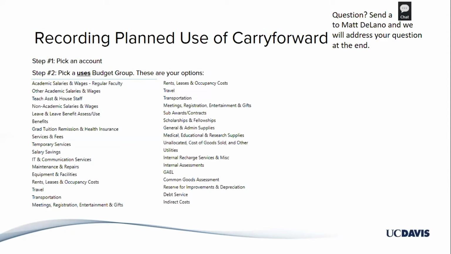Oftentimes, you don't need to record every tiny little thing in your commitments section and call it out, but it's especially used for the bigger things, like you're planning to buy equipment, or you have some initiative where you're using a lot of temp employees all at once to accomplish a specific goal, or it's just something big usually that you want to use your carry forward for.